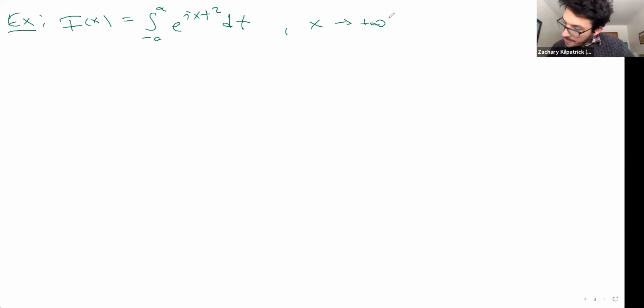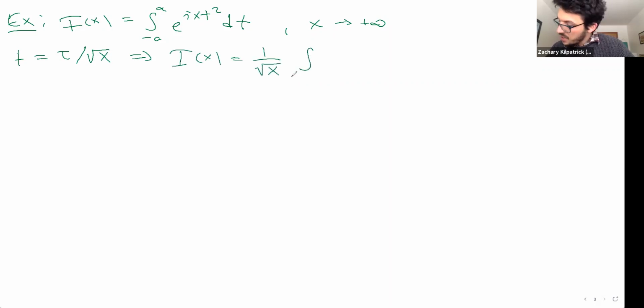And I want to rearrange this to be a simpler integral, so I'm just going to rescale by square root of x. I get I of x is equal to 1 over square root of x, integral from minus a square root of x to a square root of x, e to the i tau squared, d tau.